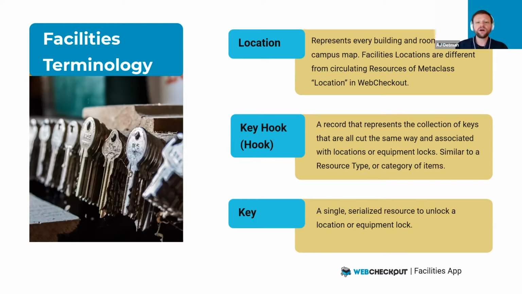Key hook, or hook for short, is a record that represents the collection of keys that are all cut the same way and associated with locations or equipment locks. These are similar to, if you're familiar with WebCheckout, a resource type or a category of items. And key is a single serialized resource that unlocks a location or a piece of equipment.